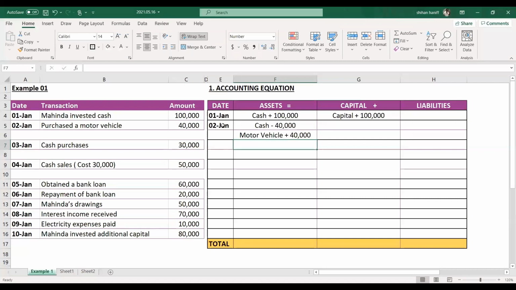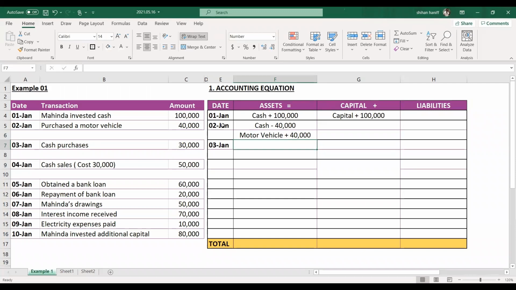Third January, cash can reduce by 30,000.